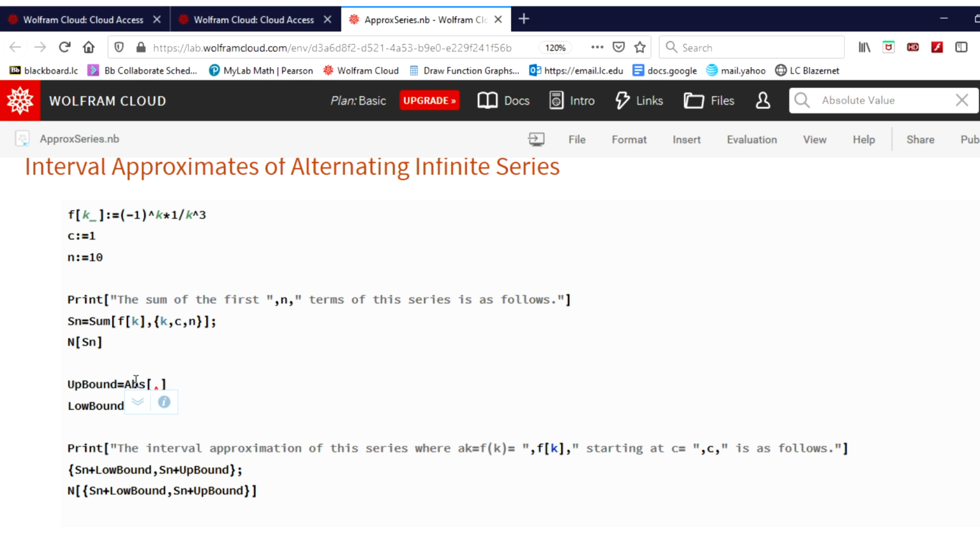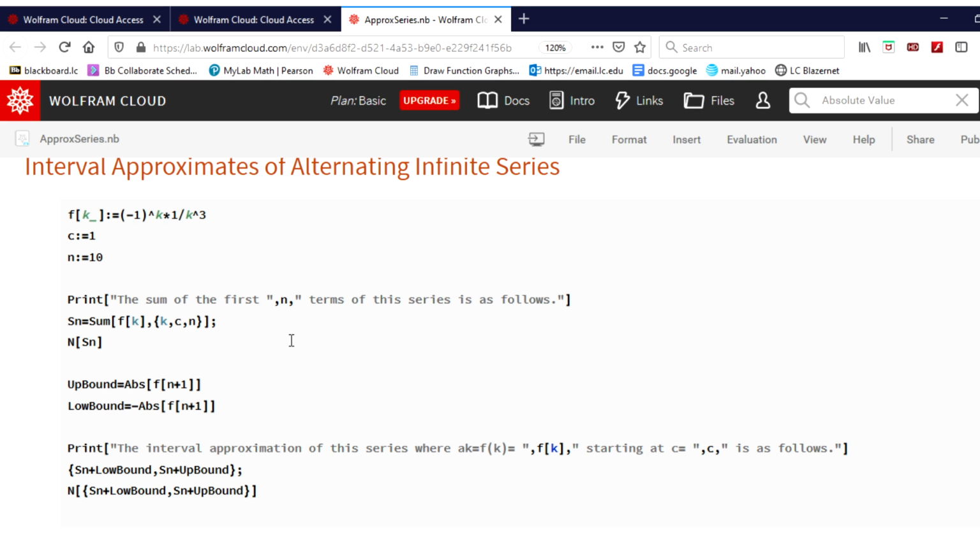Now to do absolute value in your calculation here in Mathematica, you are going to use the Abs function. That stands for absolute value of f evaluated at the nth plus 1 term, right? It's going to be the nth plus 1 term of our infinite series, and that is going to be given by the value of f at n plus 1, right? And then for the lower bound, it's going to be the opposite of that absolute value of f at n plus 1.